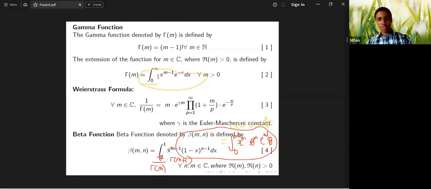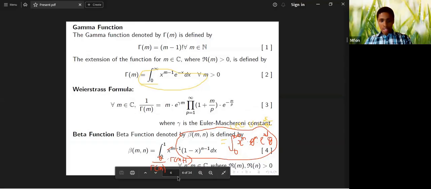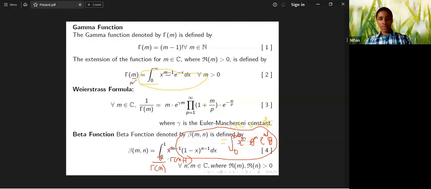Gamma of m is equal to the definite integral from 0 to infinity of x to the m minus 1 e to the minus x dx, for all m whose real part is greater than 0. Now, instead of being x to m minus 1 as here, the function is now x to m, which implies that the gamma of m will have to add a 1, which is gamma of m plus 1. Okay, that is what we have shown.